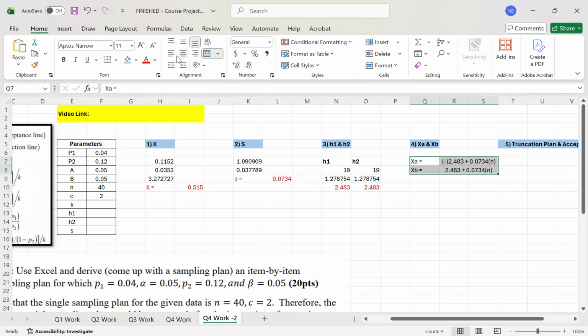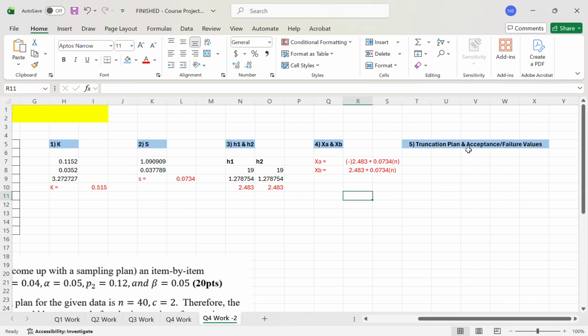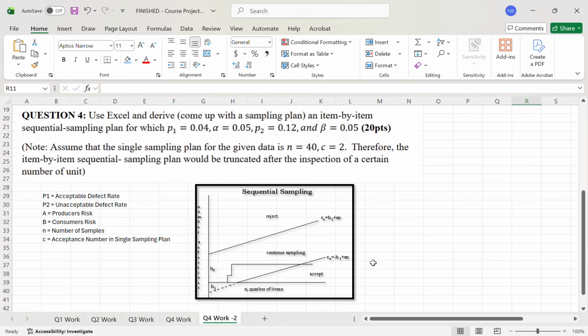Now, we have our equations, right? So you may be thinking, what do we do next? What is the next step? How do we actually determine how many defects we're going to either accept or reject at? Well, there comes our truncation plan and our acceptance and failure values. So if we look back here, it says that for our single sampling plan, the given data is N equals 40.